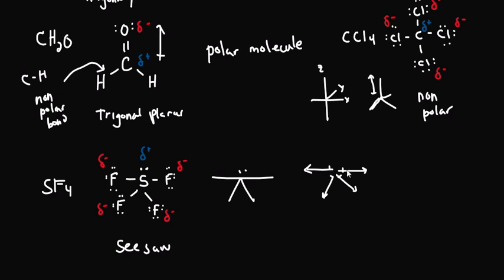So these coming across will cancel each other out. This pulls the same. That's going to cancel each other out. But there is nothing to cancel out my two downward fluorines. And so I have a net dipole for this.